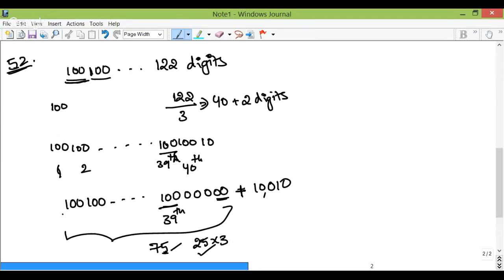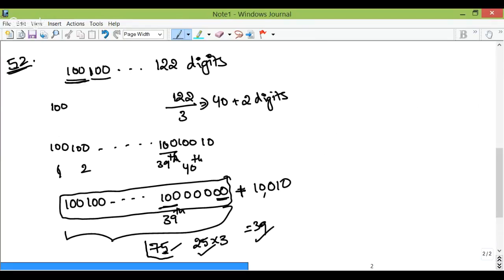Now, the sum of digits in this number: there are 39 hundreds and the remaining all zeros, so the sum will be equal to 39 and it is perfectly divisible by 3. So we can say that this number is perfectly divisible by 75.